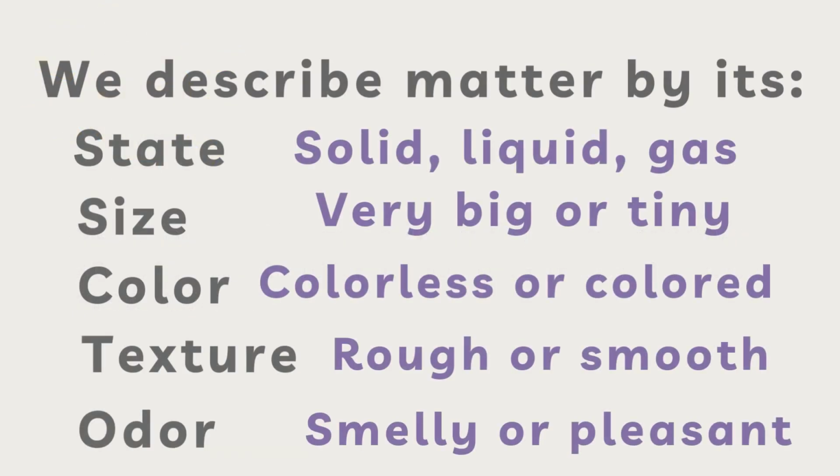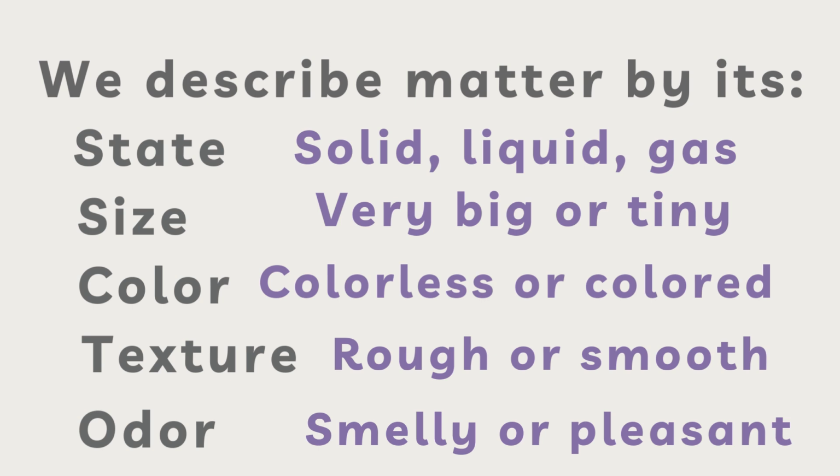So we can say this matter is liquid or solid or gas. Also, we can describe matter by size, as we can say this is very big or this is tiny. And we have examples, like if we talk about the solar system or earth, so this is a very big matter. And tiny, like bacteria, like germs, so we can describe matter by size.